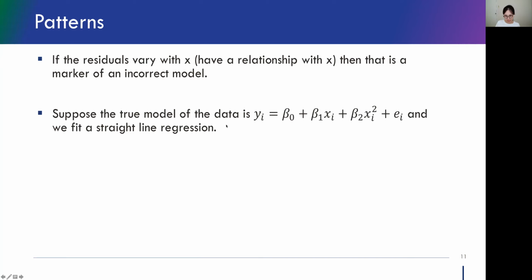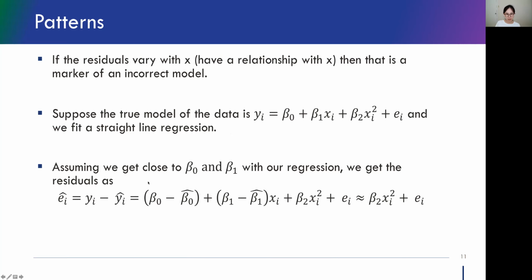Suppose the true model of the data is a quadratic model, where you have a term like xi squared, and we fit a straight line regression on it. Again, we have estimated beta 0 hat and beta 1 hat.